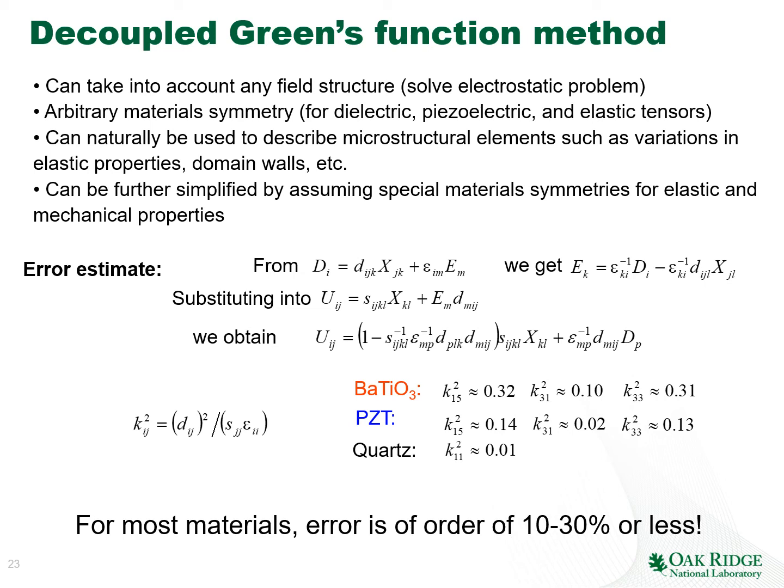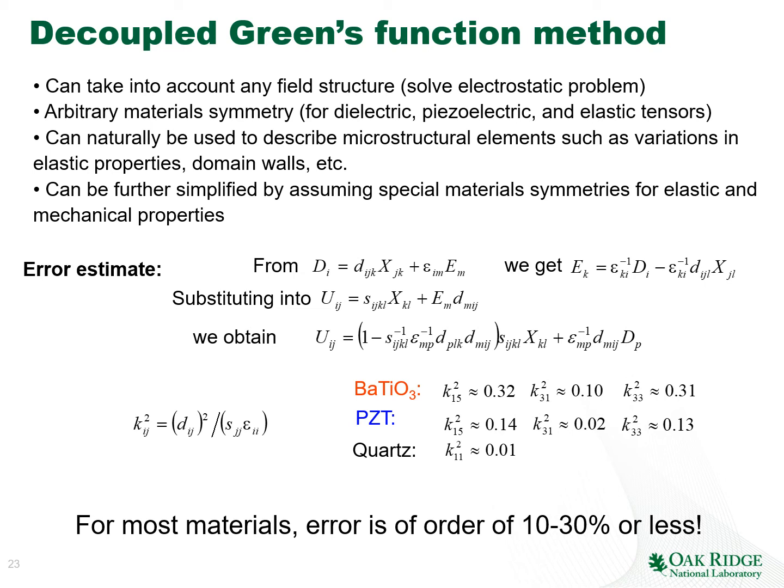Interestingly enough, we can even estimate how precise this decoupled approximation is. We can get the error for the estimate as this constant Kij, which is the square of a piezoelectric constant divided by the product of the stiffness and dielectric constant.